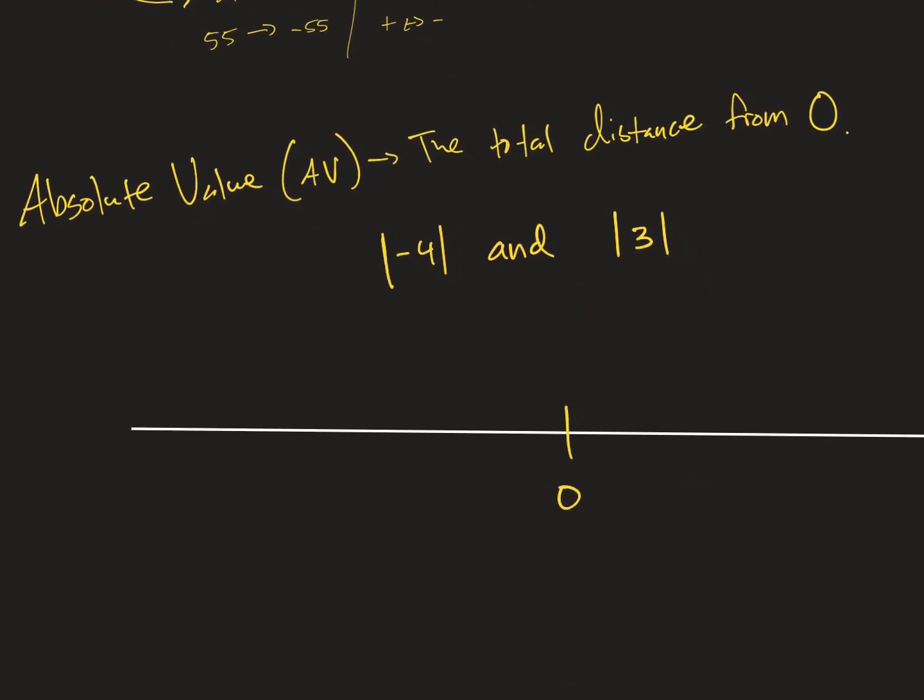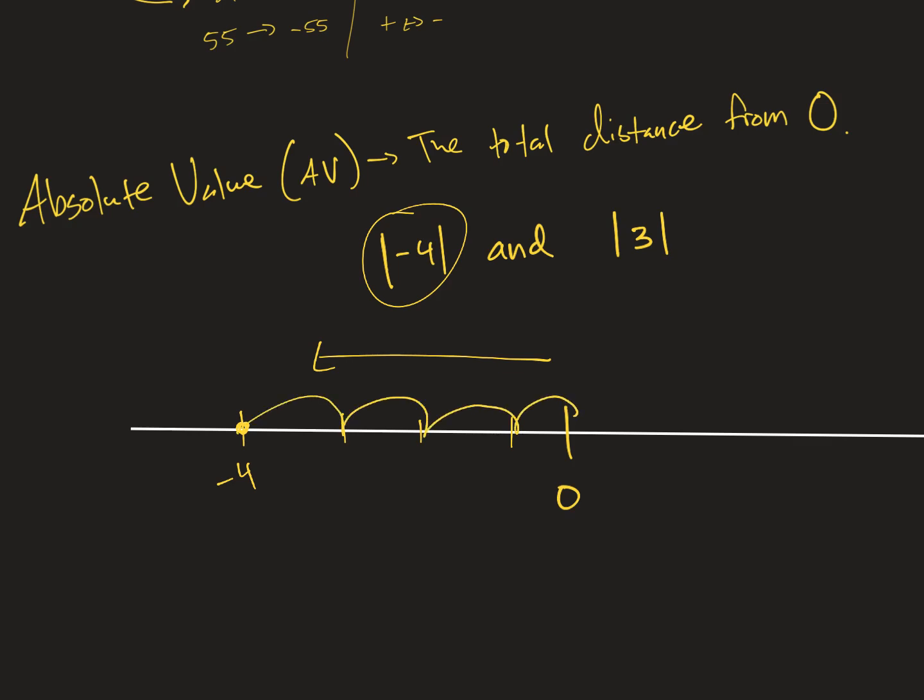So if I have a number line and I'm taking a look at, let's say, -4 first, since it's negative, I know I am going to be to the left of 0. So I am going to draw 1, 2, 3, 4, and I'm going to plot my points. So this is -4. And the total distance from -4 to 0 is 4 place values, and I can tell because I just went 1, 2, 3, 4.